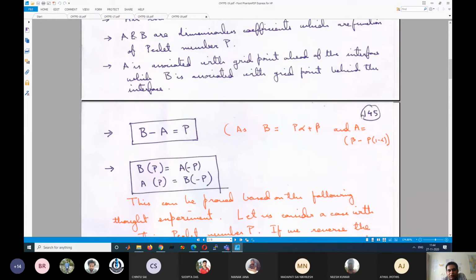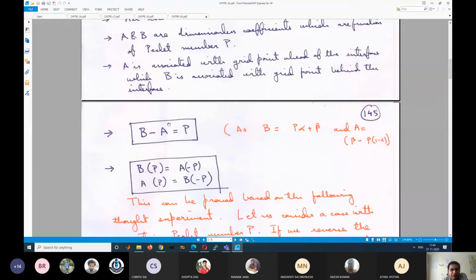Okay. So just take B minus A. So P alpha plus beta minus beta. So beta gets cancelled. Plus P minus P alpha. So P alpha also gets cancelled. You are left with P.